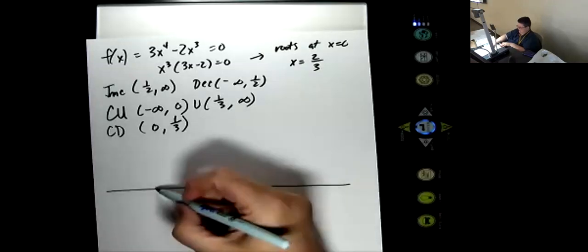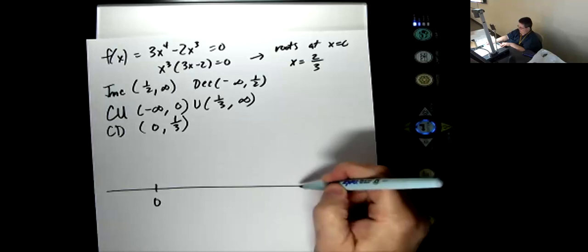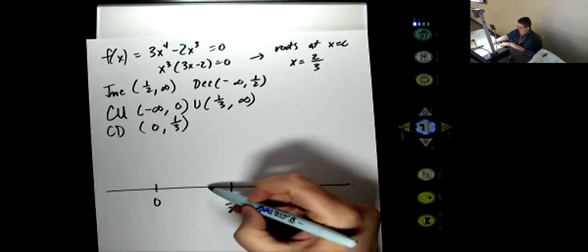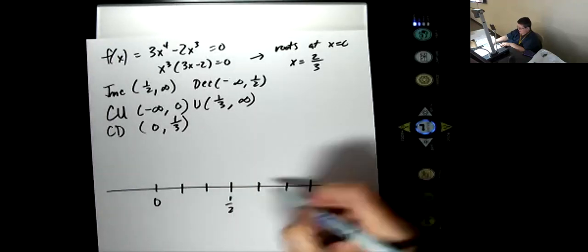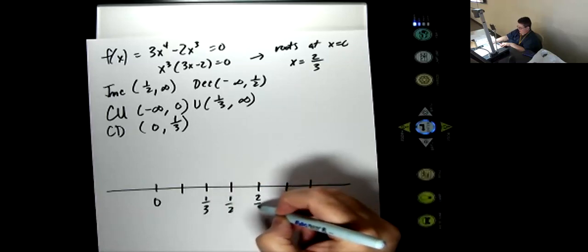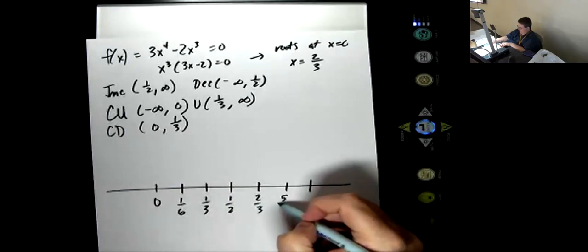I have 0. A lot is going on between 0 and 1. So that's 1/2. That's 1/3. That's 2/3. 1/6, 5/6.